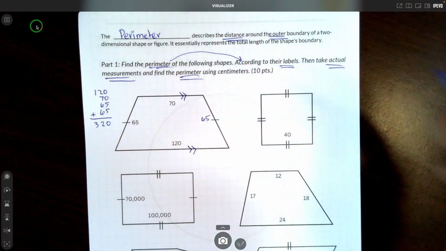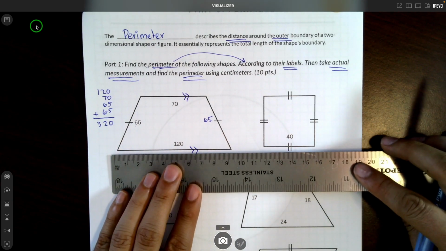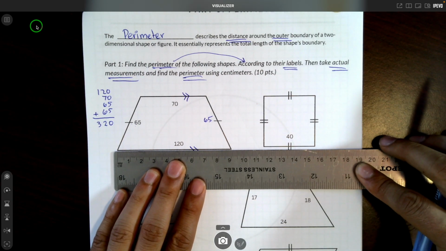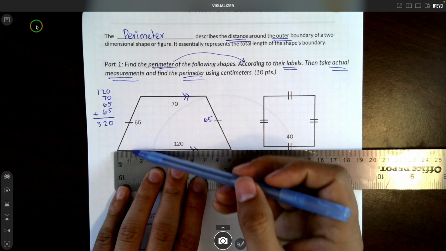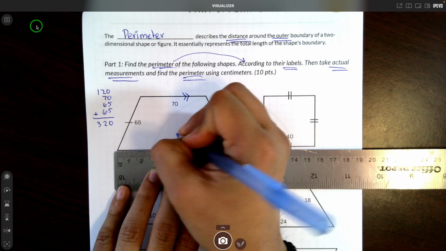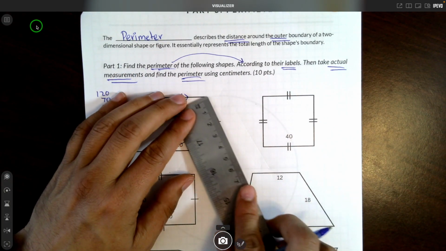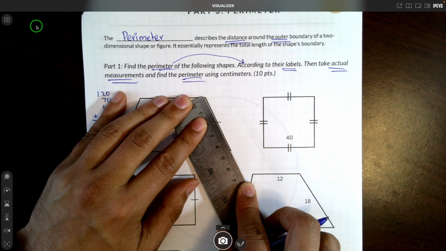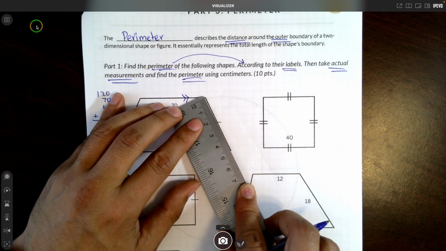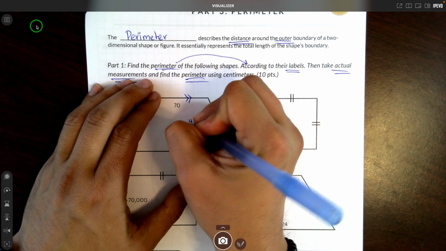So what I told you guys in class is, get your not calculator, your ruler, and measure each of these sides. This is 9 centimeters, so it's not 120, it's 9 centimeters. This is not 65. This is more like 4.5 centimeters.